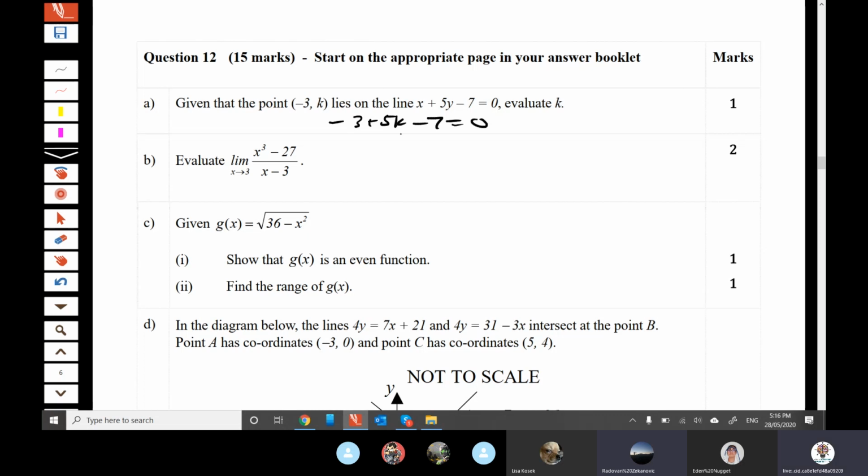Easy stuff, man. Come on, what's your answer? Just by looking at it, what's your answer? -3 minus 7 is -10. Bring it over. Positive, and then divide by 5. What do you get? 2. Done. Yep. Easy stuff.